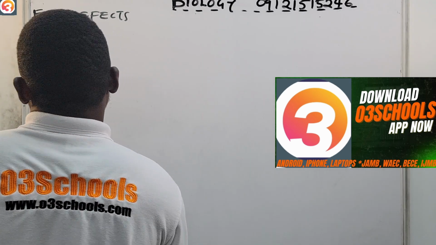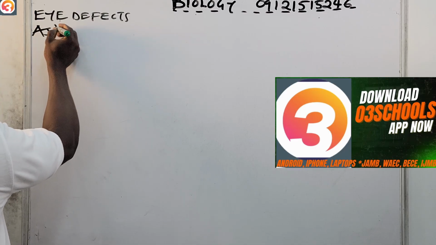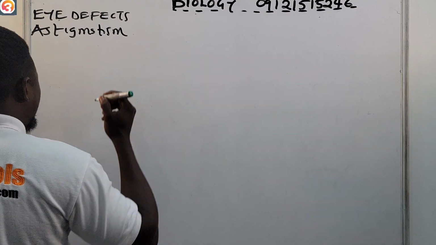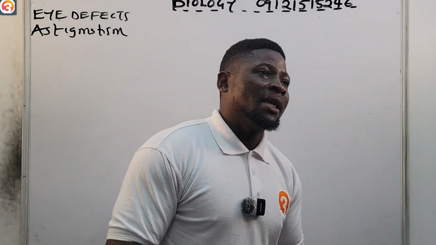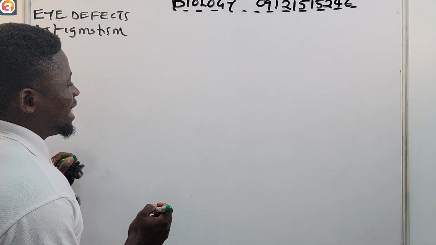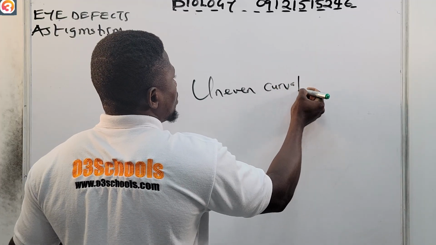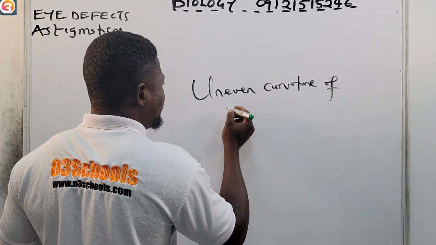So let us go to the third eye defect, astigmatism. Astigmatism is an eye defect caused as a result of uneven curvature of the cornea.